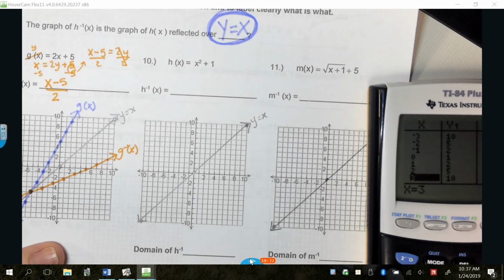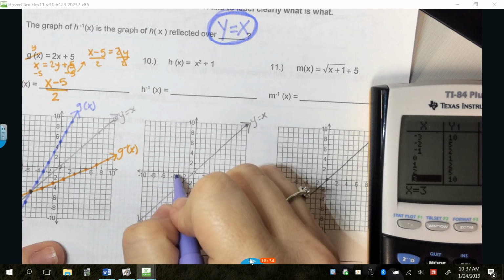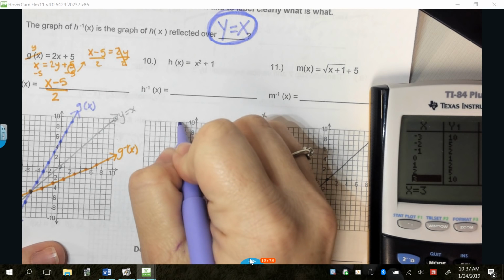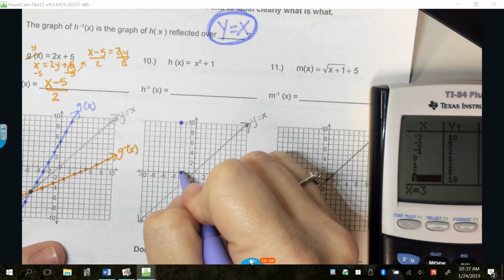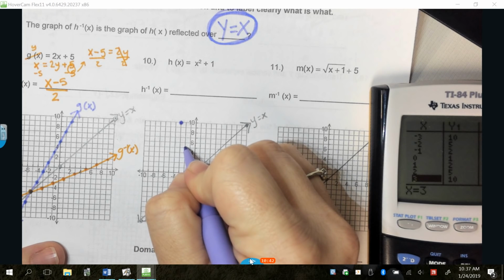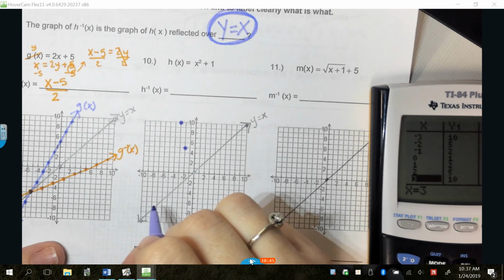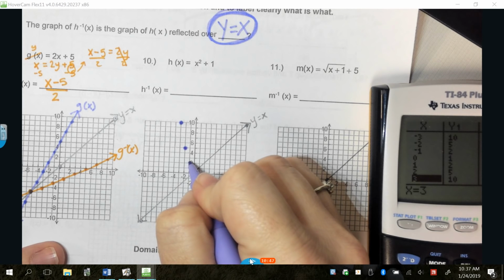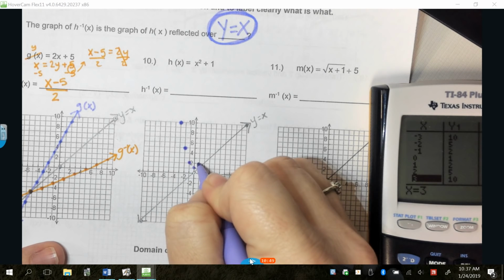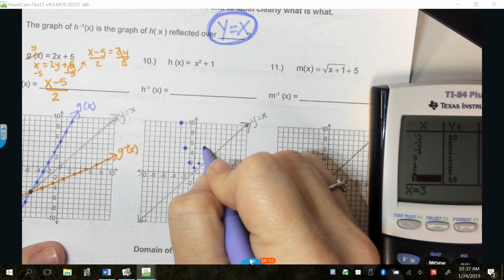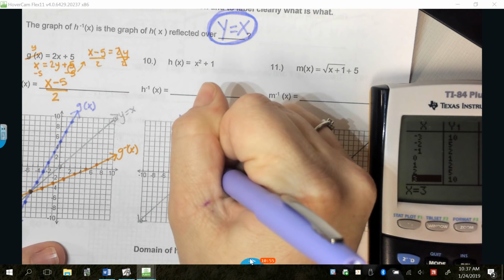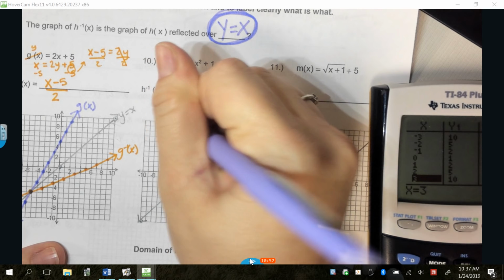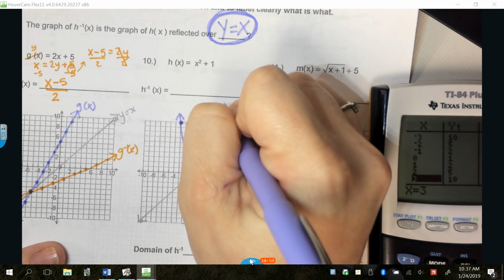I'm going to move this over here so I can write negative 3, 10. Negative 2, 5. Negative 1, 2. So this is my h of x.